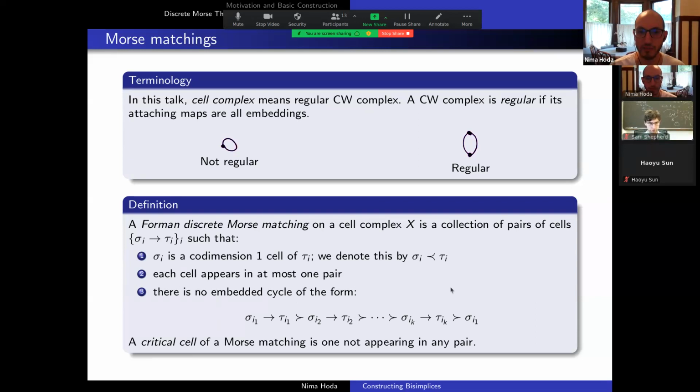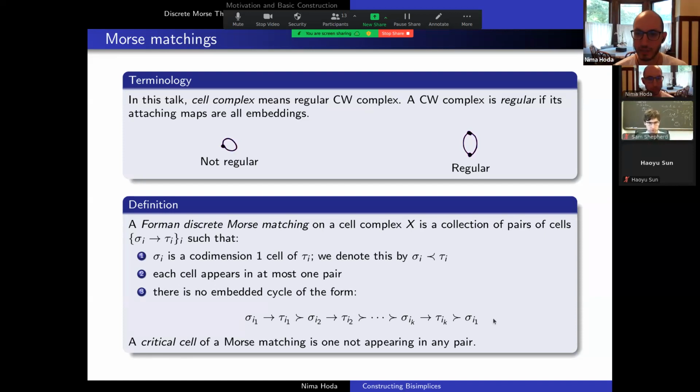And the last condition, the acyclicity condition, is that there are no closed chains of cells of the following kind. You start with a cell, you follow a matching pair arrow, then you descend down to a codimension 1 cell, then you follow a matching arrow, then you descend down to a codimension 1 cell, and so on.